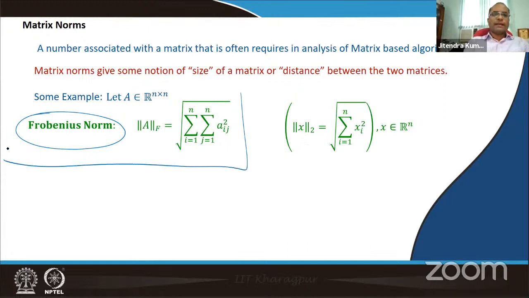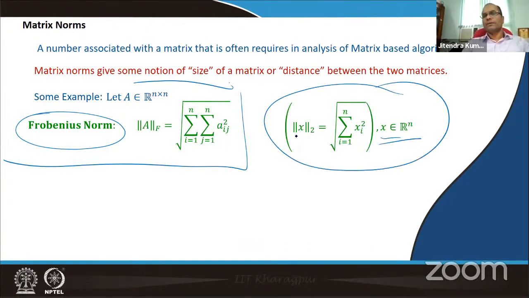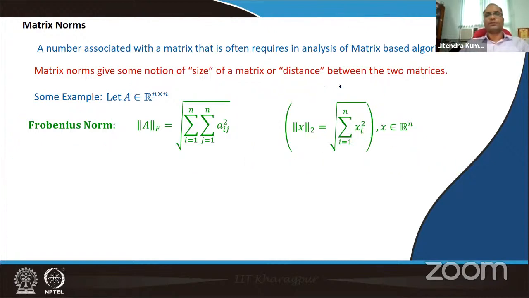So this was for the matrix. I also state that when x is a vector, we have a similar norm for the vector, where you square each component of the vector and then take the square root.